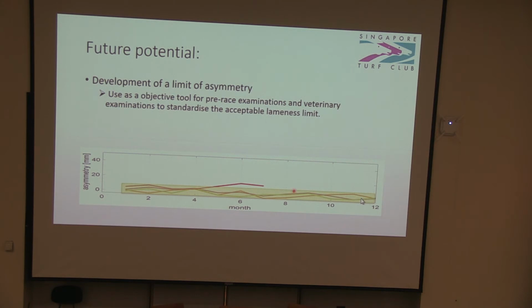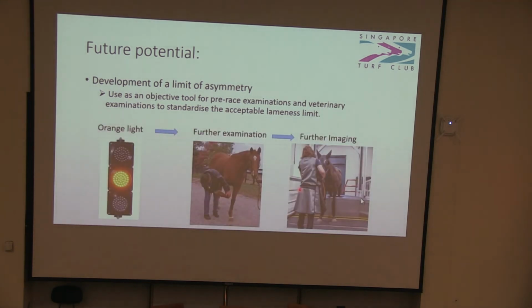Now, that doesn't mean that if they're below that level of asymmetry, we're just going to let them race and not look at them. But it probably could mean that if they're above that level of asymmetry, they're not going to race. We don't need to look at them. They're too asymmetric. If they're below that, they still need a clinical examination for the reasons we've described before.